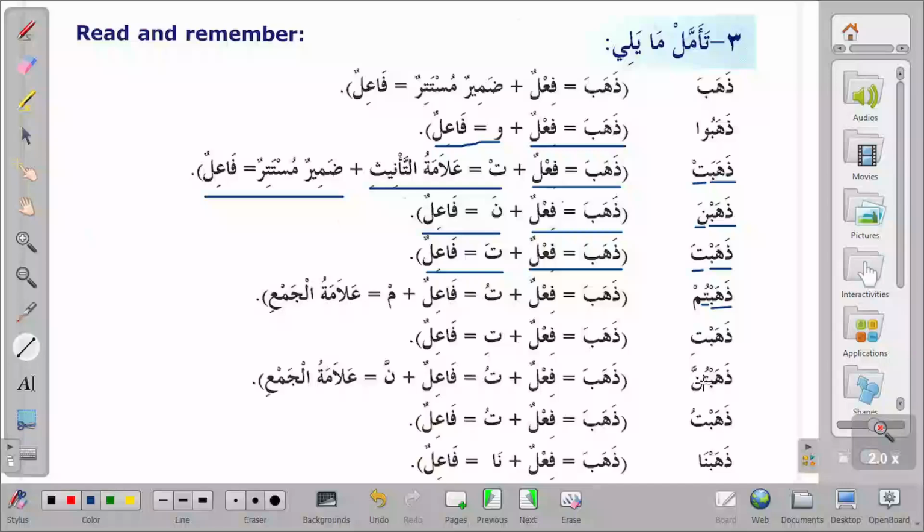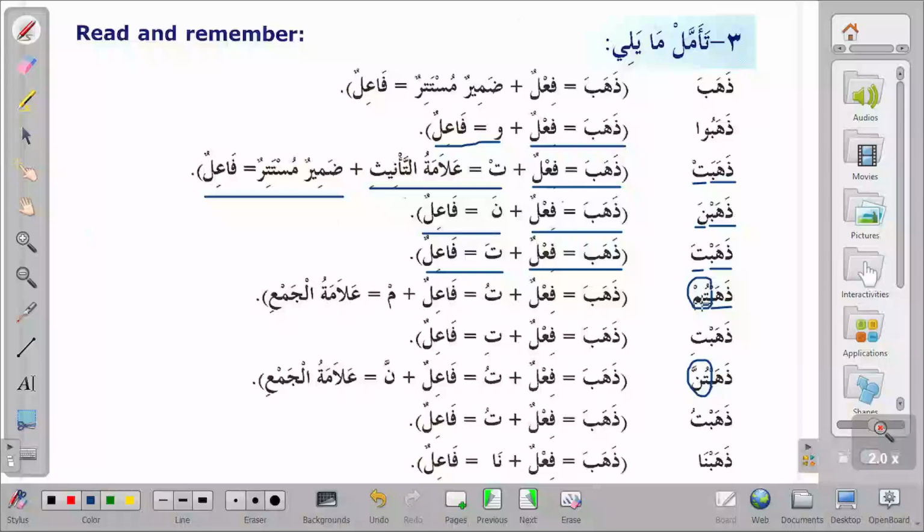In both cases, the whole tum is not the pronoun. The same way here, zahabtunna, the whole tunna is not the pronoun, the doer. The doer is only the ta. That's just it.